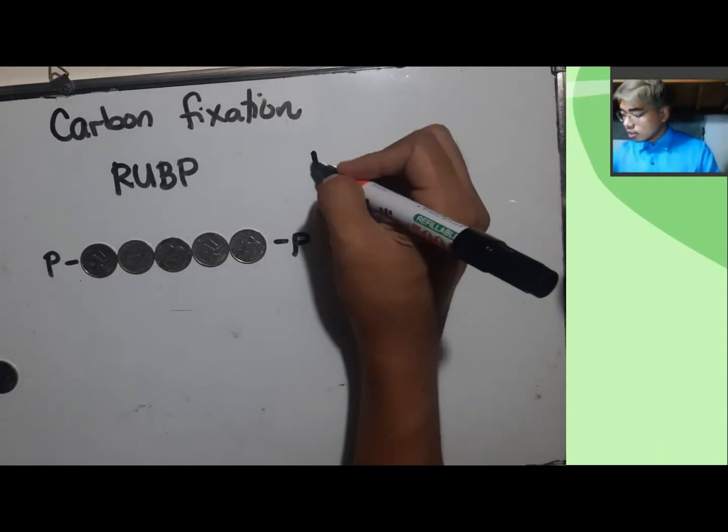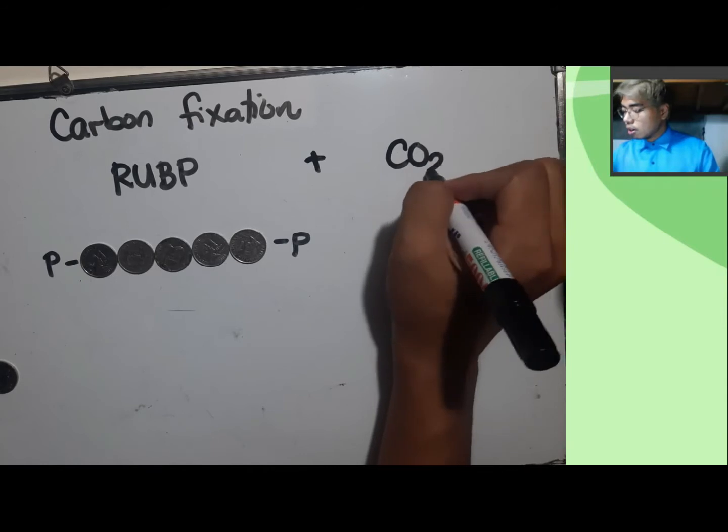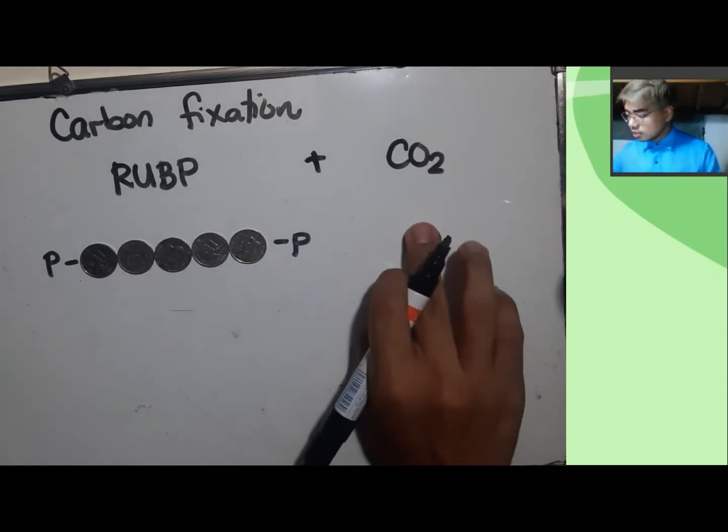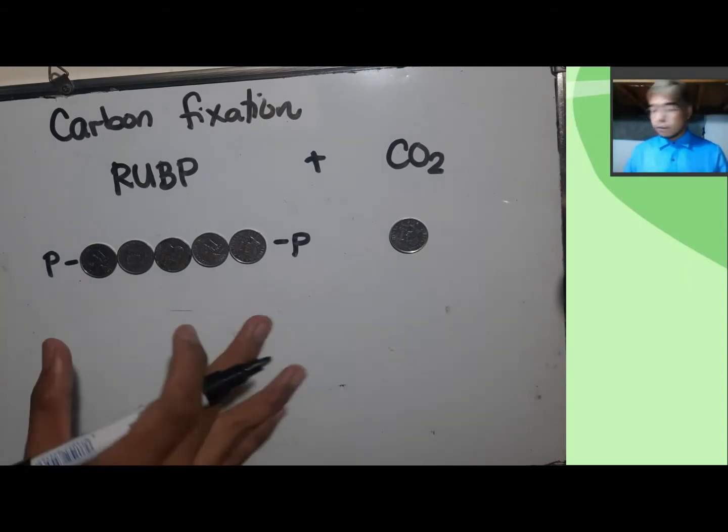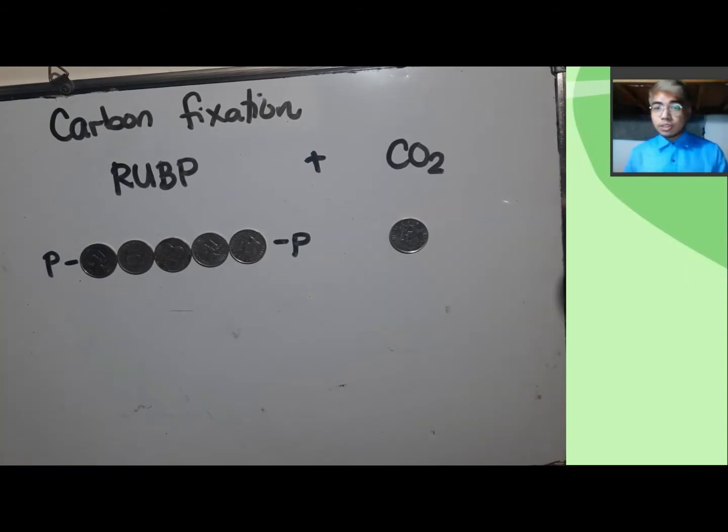Then, the presence of carbon dioxide; since it does not possess any phosphate, I'm not going to indicate it, because the phosphate is more important than oxygen and hydrogen in this type of representation.